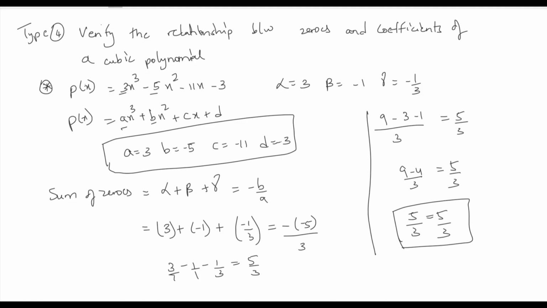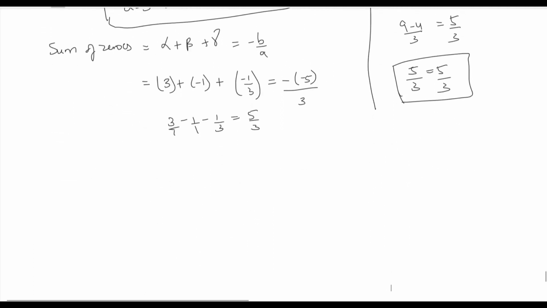Now, let us verify for the sum and product of zeros, that is alpha beta plus beta gamma plus gamma alpha, that is c by a.